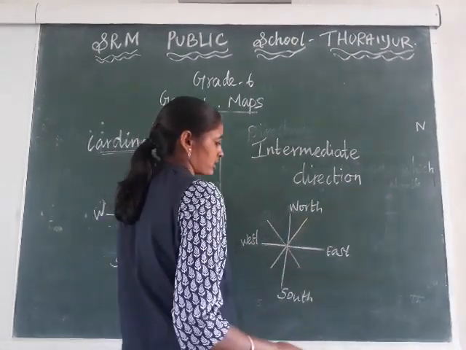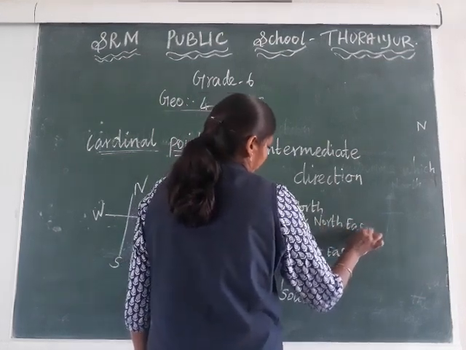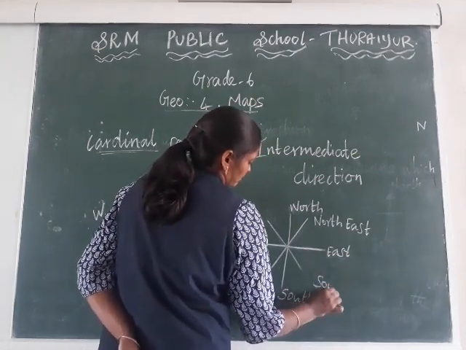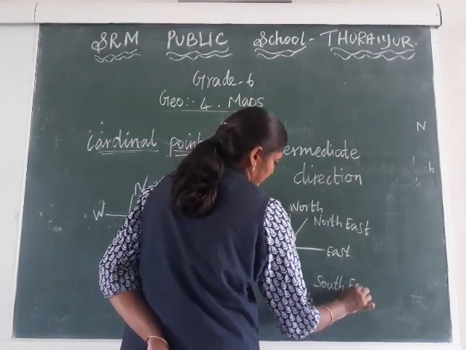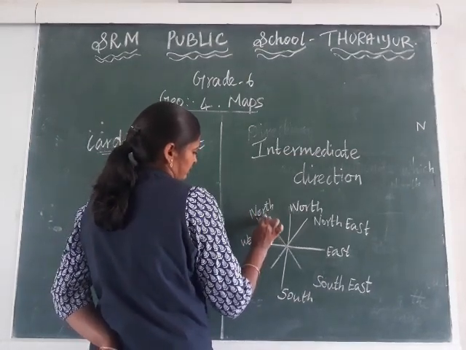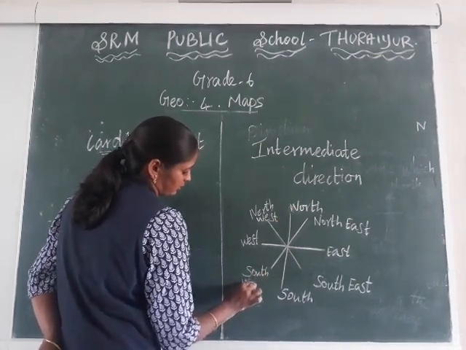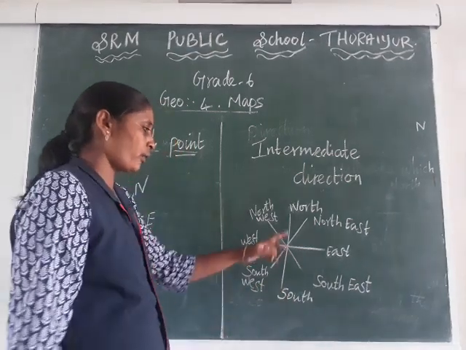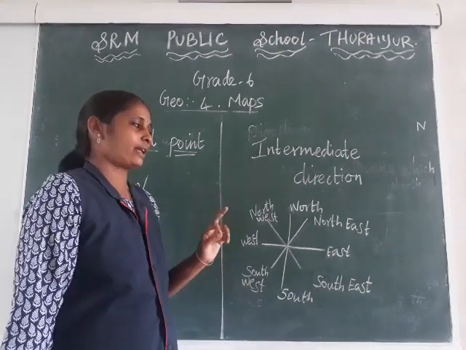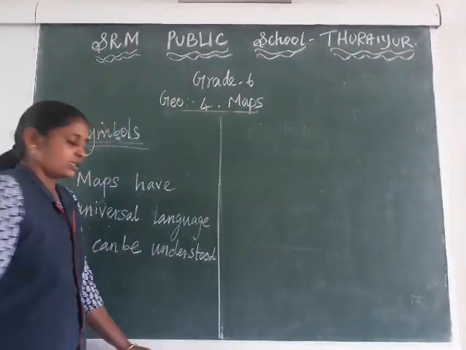In between we have four directions: northeast, northwest, southwest, and southeast. So totally we have eight directions. These last four are called intermediate directions. So you are supposed to be clear about cardinal points and intermediate directions.